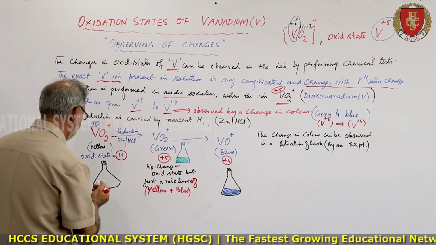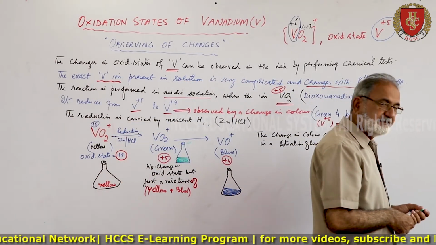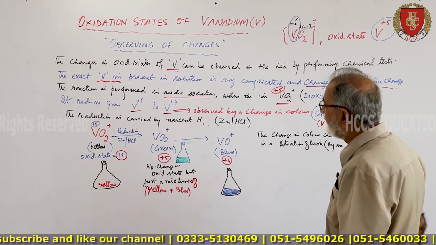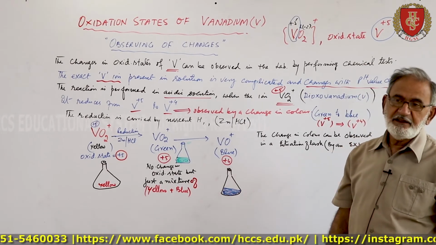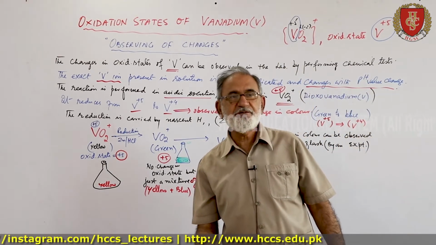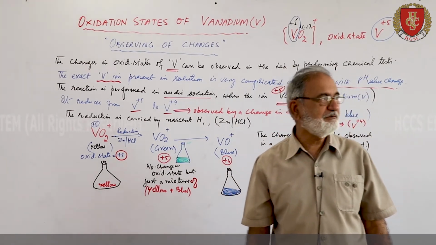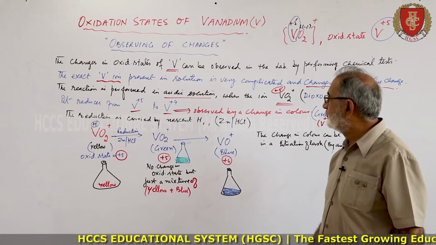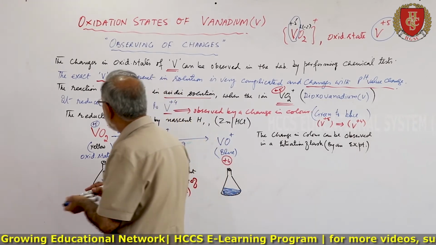Here the color is yellow. So these can be observed by the change in color when we are reducing with nascent hydrogen, meaning hydrogen in the atomic state, freshly prepared, which can be utilized for the reduction of vanadium +5 into +4.